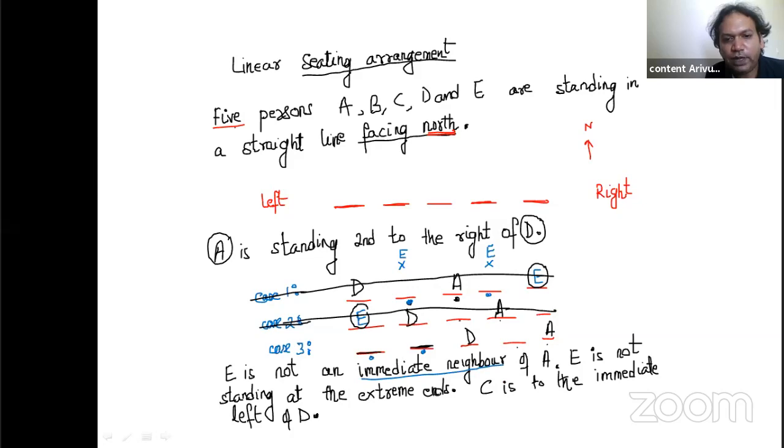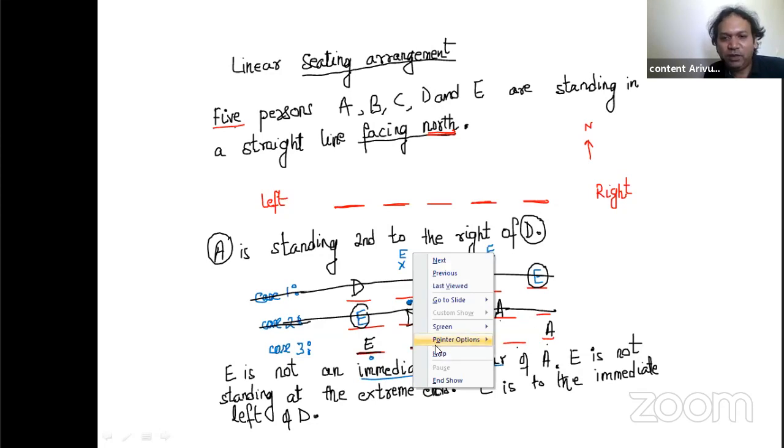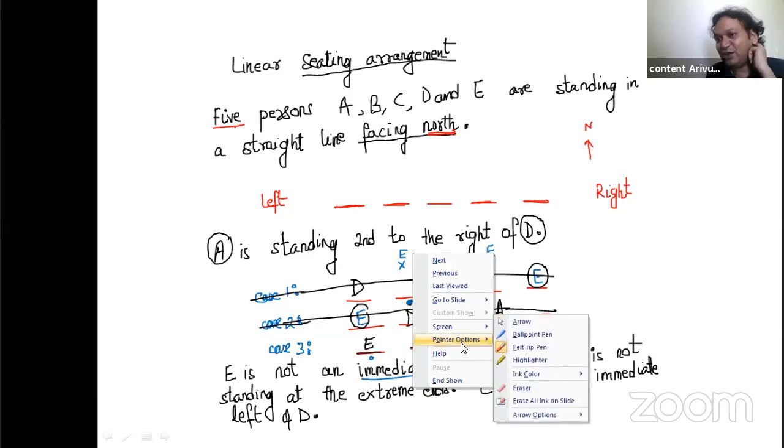Nothing else is required now. This will solve the entire question here. So now this means C is here. If C is here, automatically E will go here, but then the whole question will become wrong, because now in the third case also E is at the extreme end. We can't have E at the extreme end.